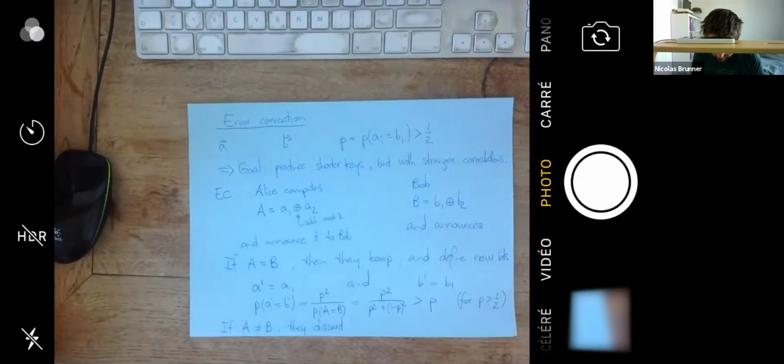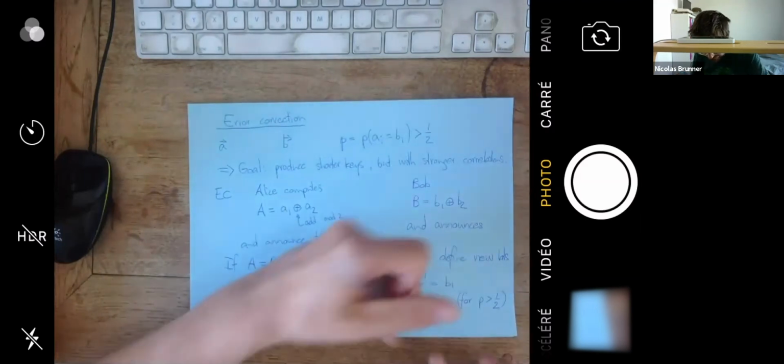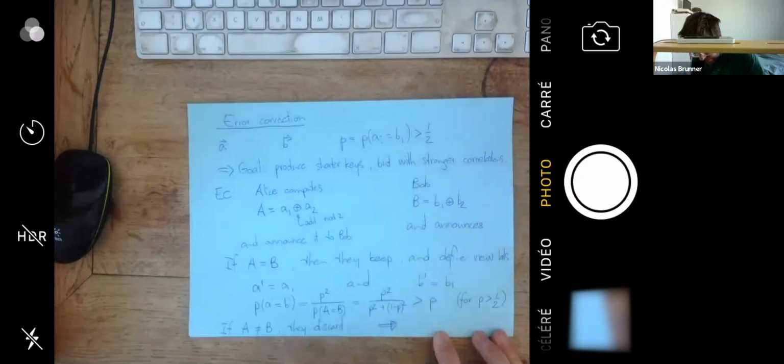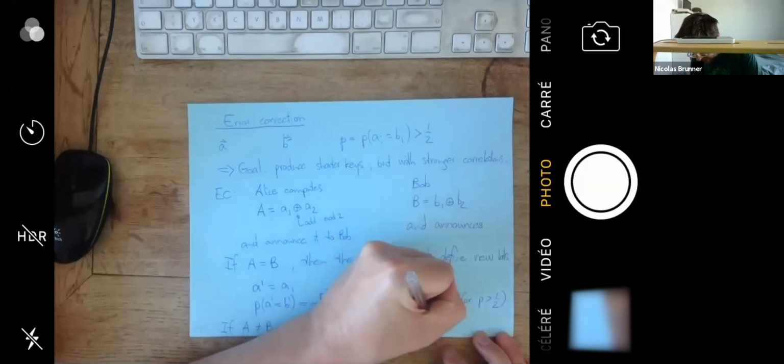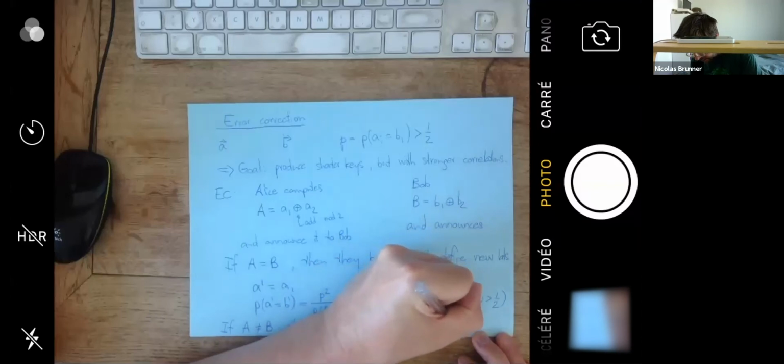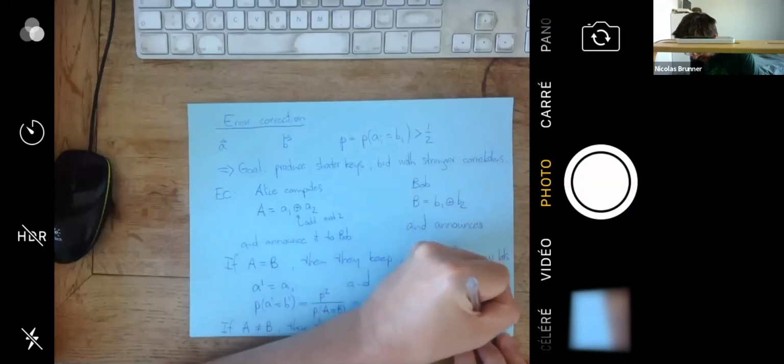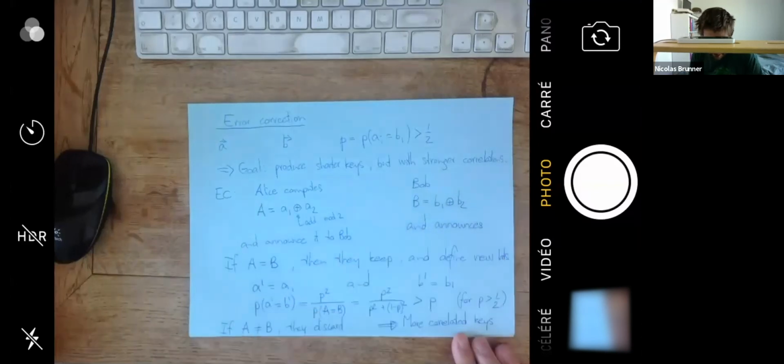And so the conclusion of this is that we get more correlated keys. Now the point is they are more correlated, but they are not yet perfectly correlated.